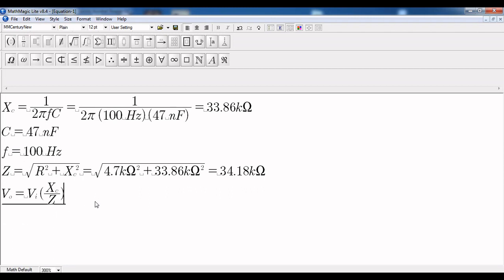Okay, so in this case we already have the values for every variable here. Voltage input was given as 10 volts. Then we're just going to substitute what we were able to get a while ago.